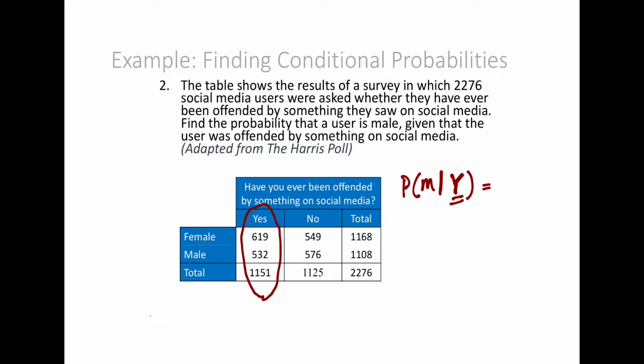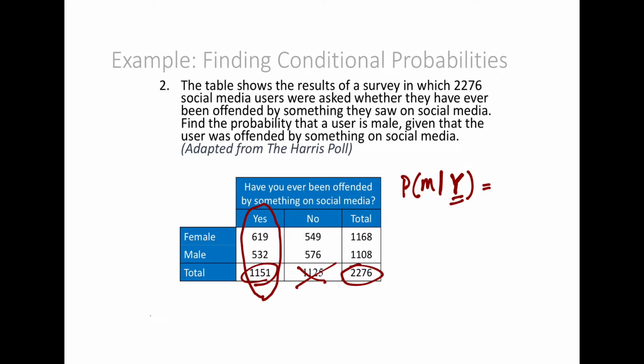Because if it's already given that it's yes, there's no point in me taking the entire total. If it's given that they said yes, then this is really the total that we're selecting from. We can just assume that none of the no's even had a chance of being selected.